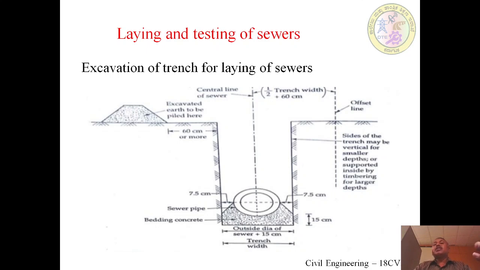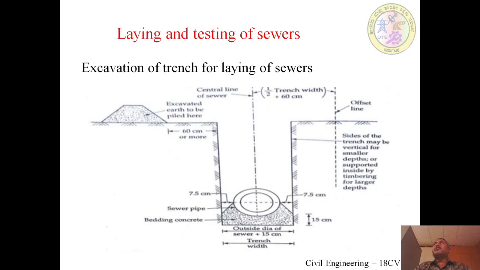You can see the invert of the sewer is placed over the concrete, and the laid concrete may be around 15 centimeters thick. The outside of the trench is fixed depending upon the outside diameter of the sewer and clearance. From the figure, the sewer has a certain thickness and shows an outside diameter.